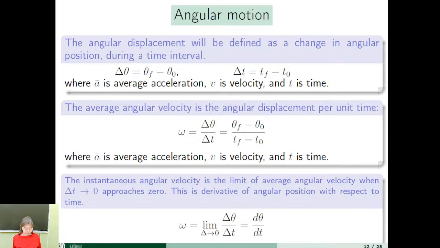Angular motion. Angular position: in mathematics, the angle of rotation is a measurement of the amount that a figure is rotated about a fixed point, which we take as the zero angular position. From geometry, we know that theta is the angle.